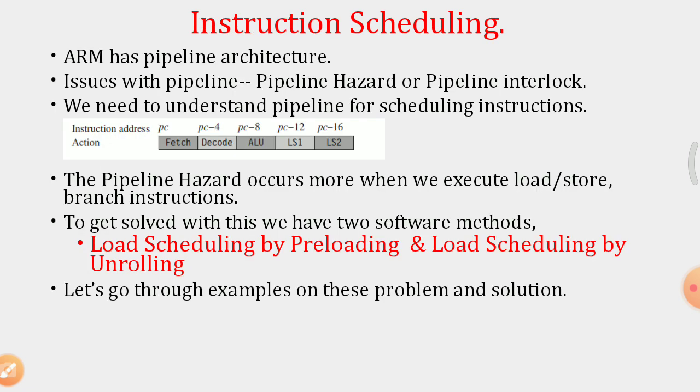Next, we will go for instruction scheduling. Why instruction scheduling is required and what the methods to schedule instructions are, we will see going forward. The main thing is that ARM cores have a pipeline architecture, and the pipeline may delay results. The issue with the pipeline is pipeline hazard or pipeline interlock.